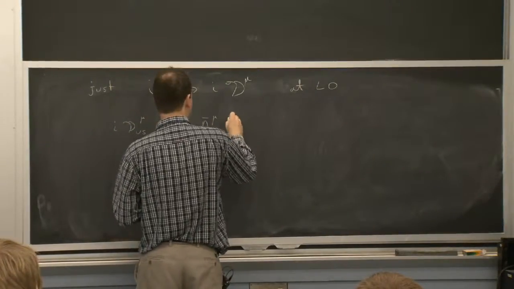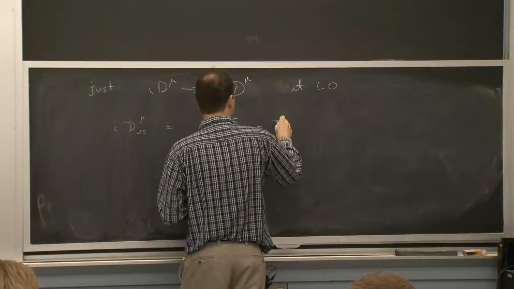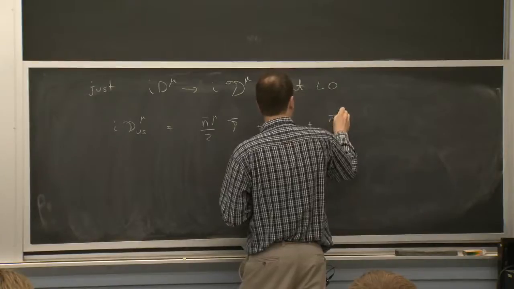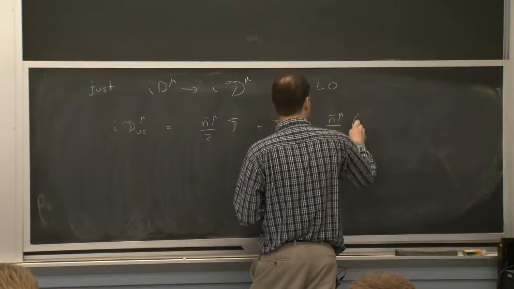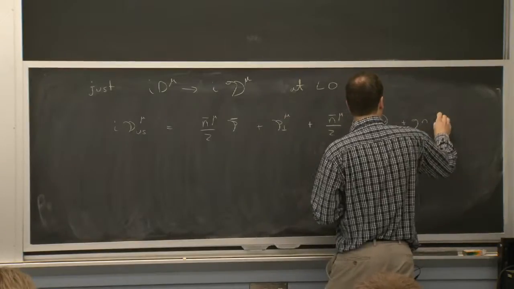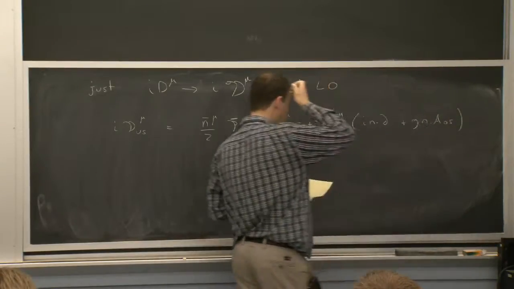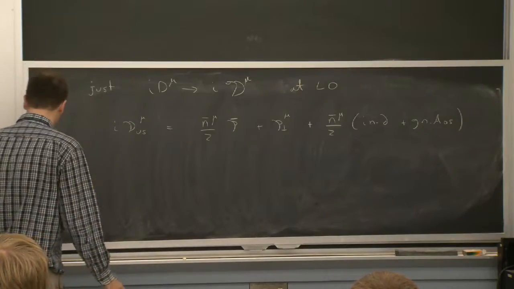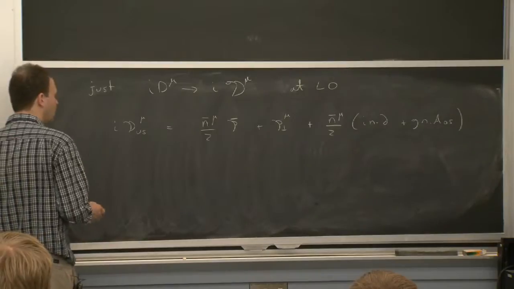So let me define one more thing. I want to make them covariant, but I want to make them only covariant under the ultrasoft part of the action. So here's just pulling out the pieces that would have the ultrasoft field and making a derivative that I'll call curly D ultrasoft.